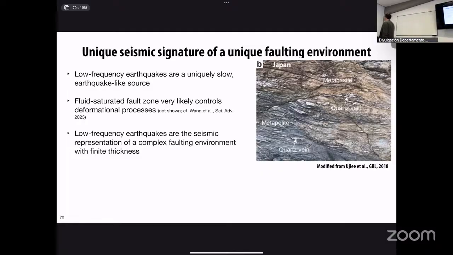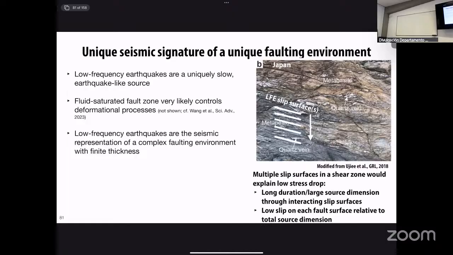And so one thought when we think about low frequency earthquakes is that these veins are developed by cycling pore fluids through them and depositing quartz and then remobilizing them when it starts to shear again. And so you might imagine them as LFE, low frequency earthquake, slip surfaces.